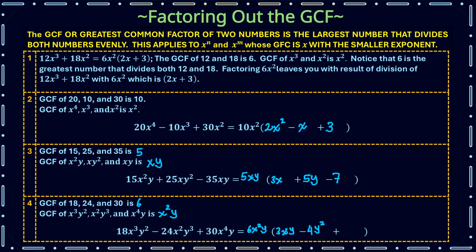And lastly, we have 30x to the 4 y. 30 divided by 6, that's a 5. We have here x to the 4 divided by x squared, that's x squared. And we have y divided by y, which is again 1. You don't have to write it down.